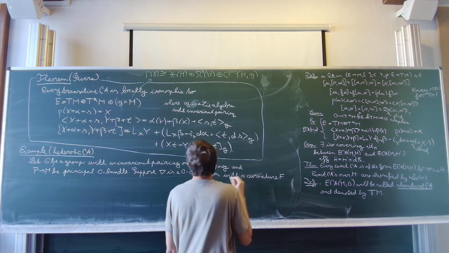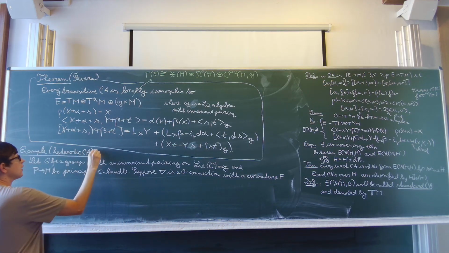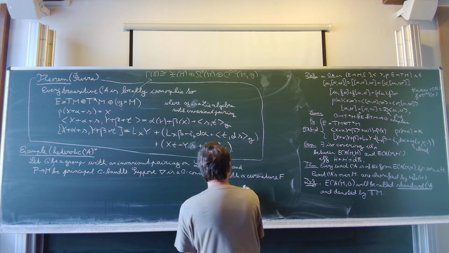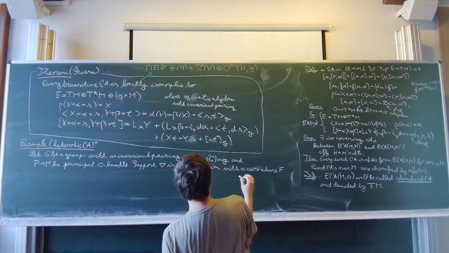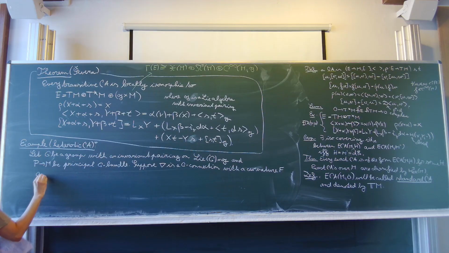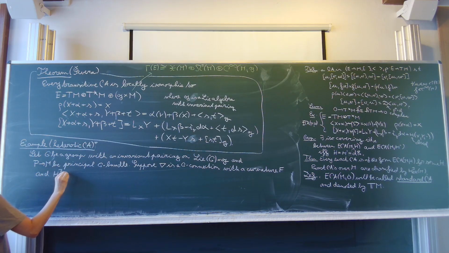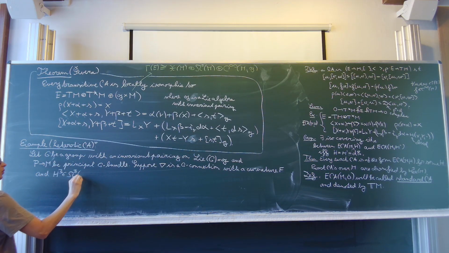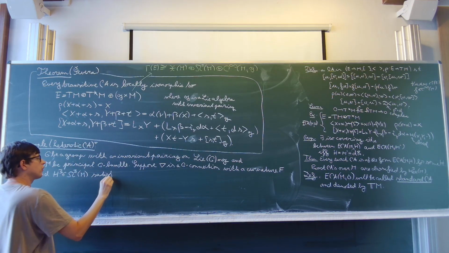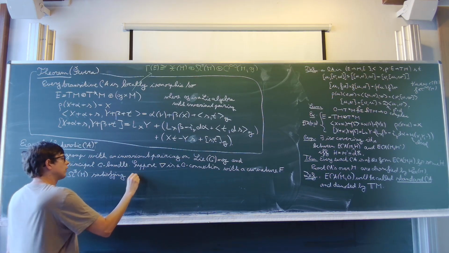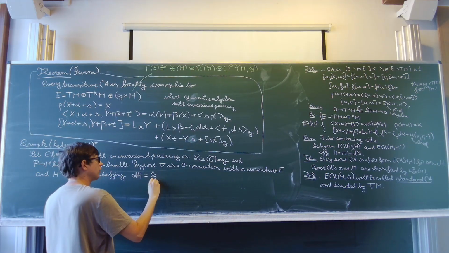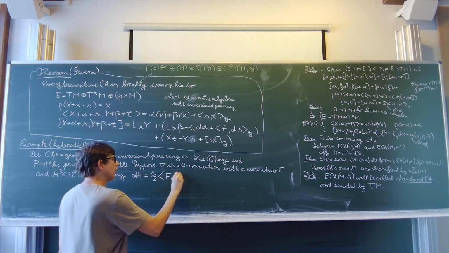Again, let me put a star here, like say that you won't need this in any sort of exam. With a curvature F and a three-form H, not closed, just a three-form, satisfying one condition: dH is 1/2 F squared.